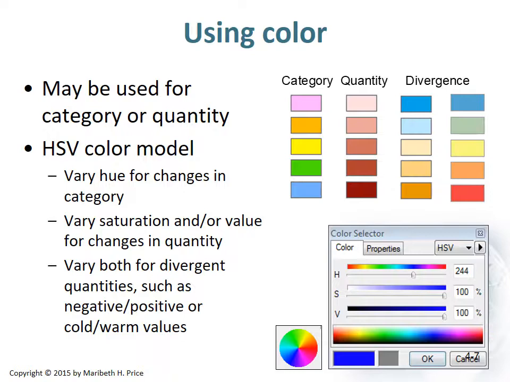Now, a tweak on that is over on the right where we see divergence. Okay, divergence is when there's something important in that variable that we can use maybe two different color ranges at once to display that variable. So if we think about heat, you can display heat measured in degrees Celsius, degrees Fahrenheit, degrees Kelvin.